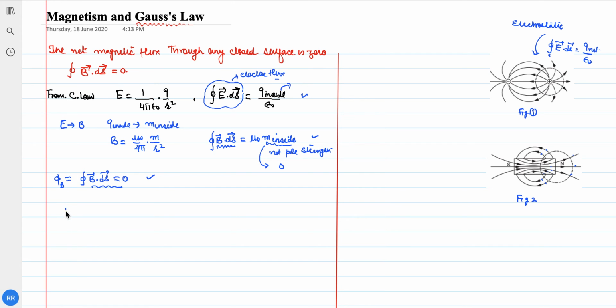The conclusion is that magnetic monopoles do not exist. The further meaning of this is that in electrostatics, the source of electric lines of force is the positive charge, where the lines of force emerge, and they sink at the negative charge. But in case of the magnetic dipole, there is no source or sink.